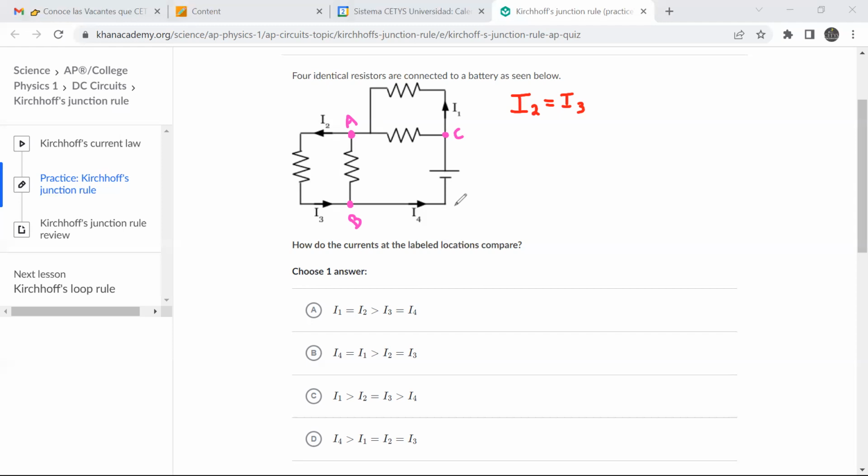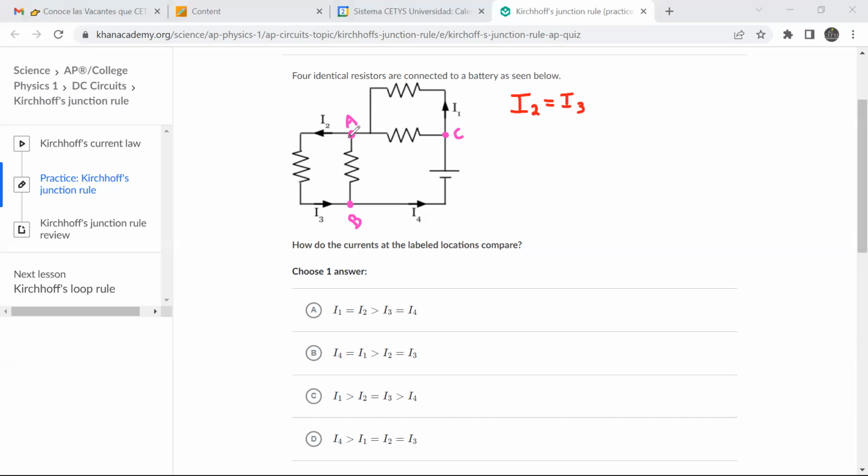You said right now that, for example, branch I1, if it goes past A, that's still the same, because there's nothing here in the middle. It can be a current or a resistor.